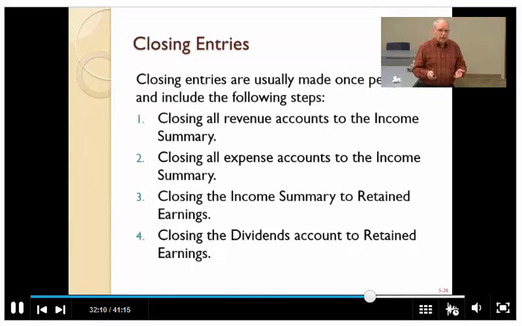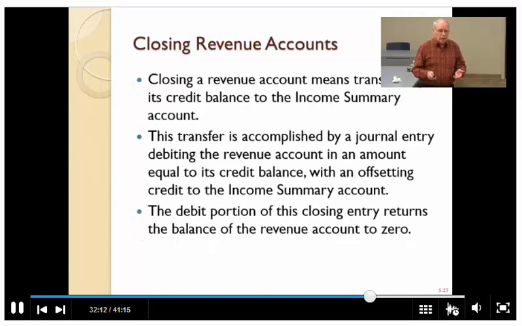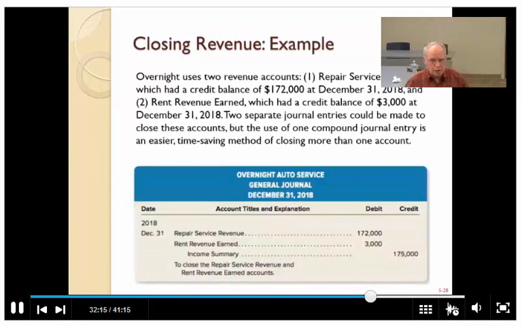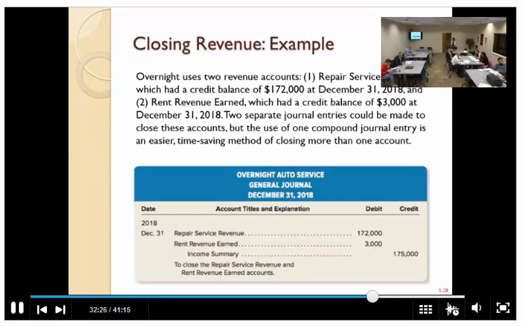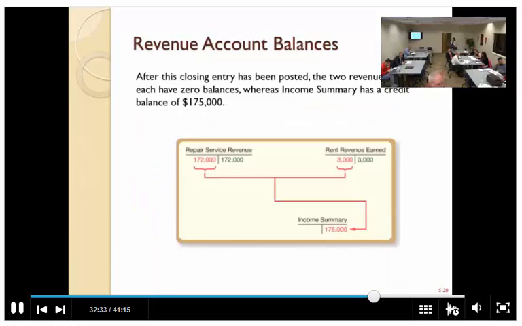So here's an example, and this is what you're going to be doing in Connect. The total revenue off the trial balance was 172,000 as a credit balance. So I'm going to debit these and then credit income summary. Looking at it from a T account, the revenue accounts are now zero, and the income summary account has the total revenue.